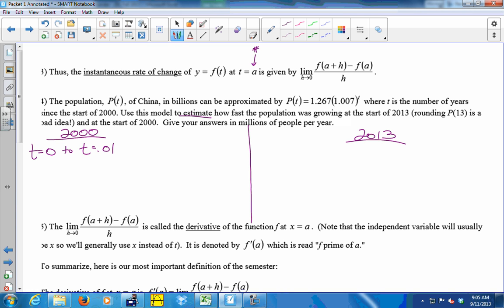It's really just a personal preference, and when they ask you to estimate and don't tell you how, you're left to make your own choices about the best way to estimate. Okay, so it might be that one is more accurate, but it might be that another is easier, right? So you just have to choose what is better for you. Okay, so I want my average velocity over this time interval.